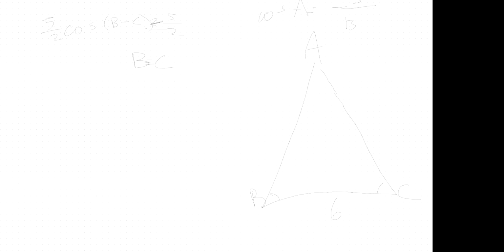So all we have to do now is, first we can use law of cosines to find the lengths of AB and AC. And after that, we can use the area formula using sines to find the area of the whole triangle. We know that cosine A is equal to negative 5/13. So by law of cosines, we can let AC and AB be x.